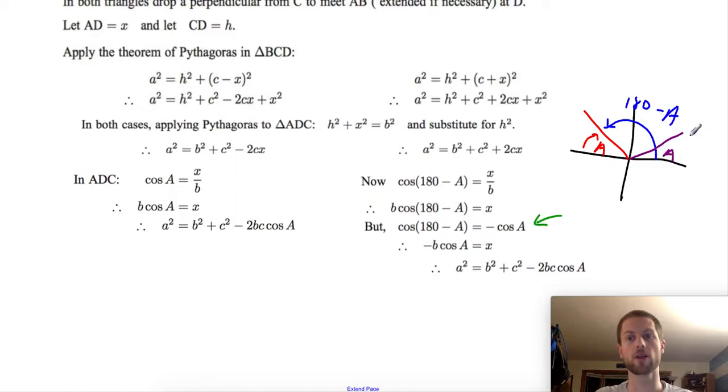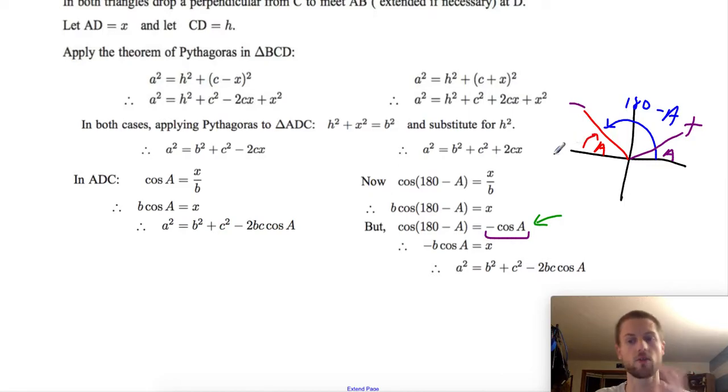The cosine is positive here. The size of these x values should be the same, except this one's positive and this one's negative. So really, if you just take the negative of the cosine of A, that's the same thing as the regular old cosine in that second quadrant.